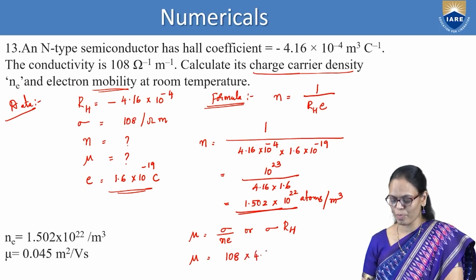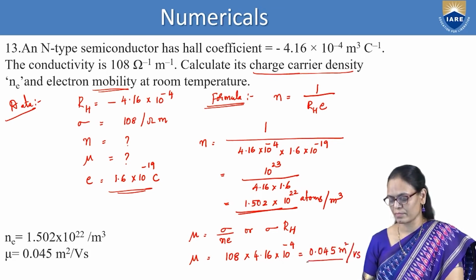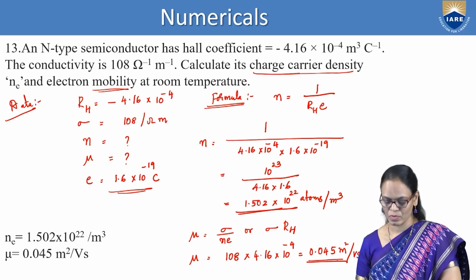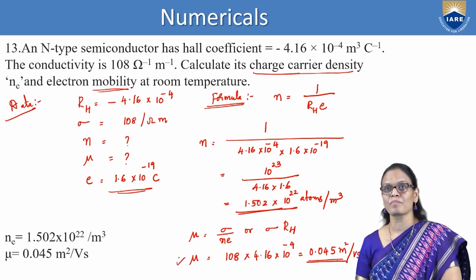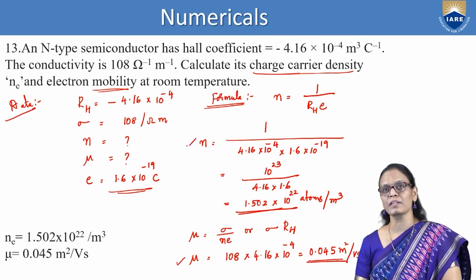R H is 4.16 into 10 power minus 4. So we get 0.045 meter square per volt second. So we are getting the mobility as well as the charge carrier density.